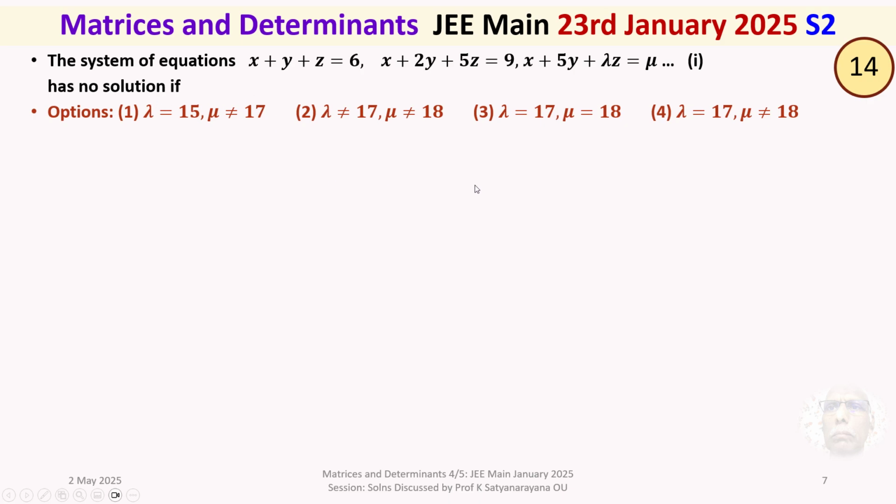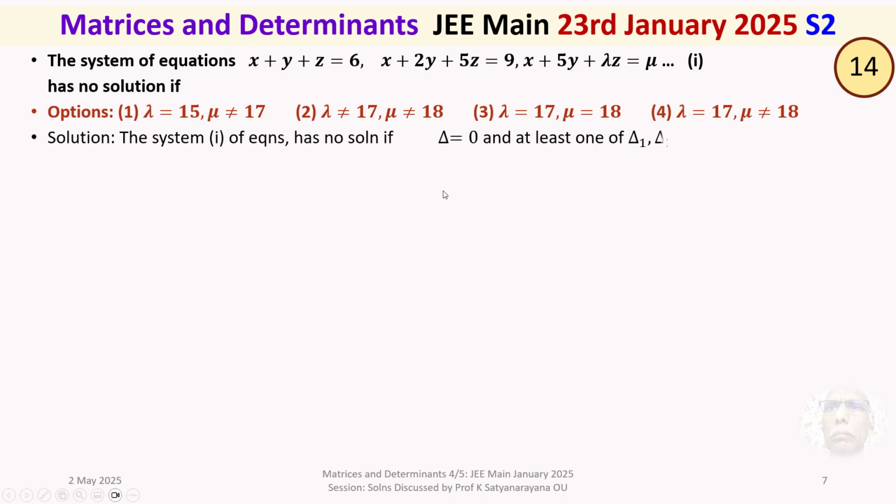Recall, the system 1 of equations has no solution if delta is equal to 0, the determinant of the coefficient matrix is 0, and at least one of delta 1, delta 2, delta 3 is non-zero.